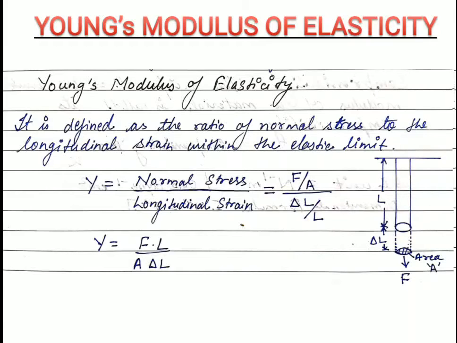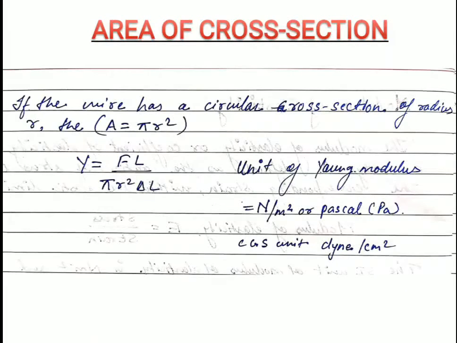This is the original length when the force was applied. This is the change in length. So here longitudinal strain is change in length upon L. So here you get Y equals FL upon A delta L. So students, if the area of cross section of that wire is circular, then here you will simply put area equals pi r square.